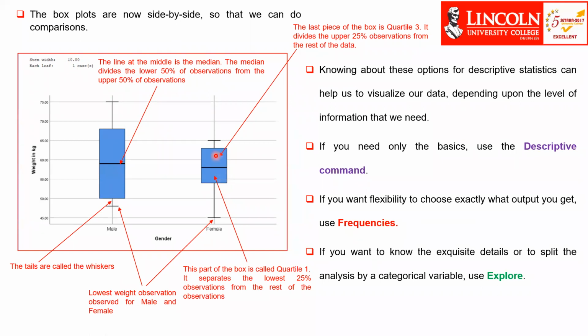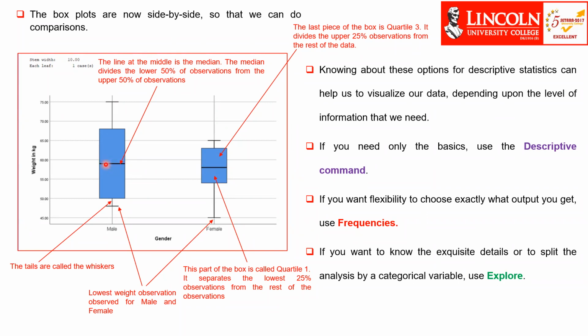Then the one at the top is referred to as Q3, or quartile 3. It divides the upper 25% of observations from the rest of the data. The same happens here. And the line in the middle is the median.